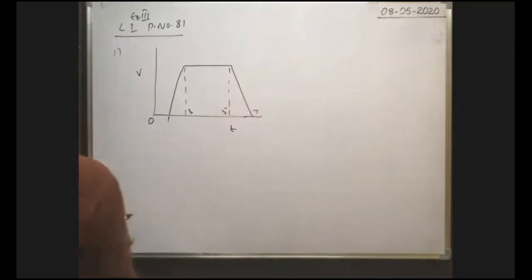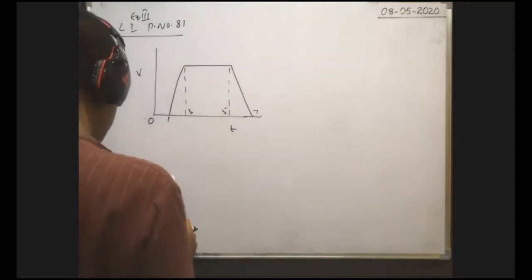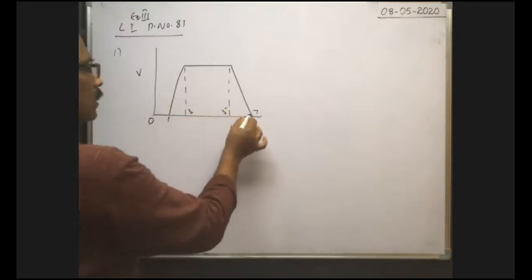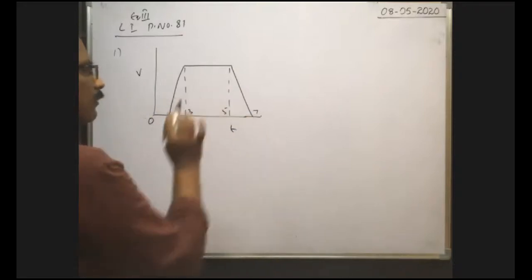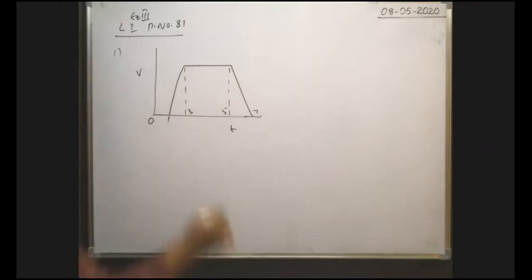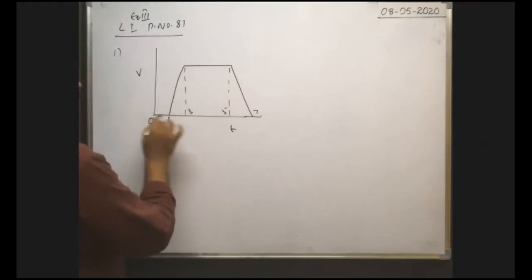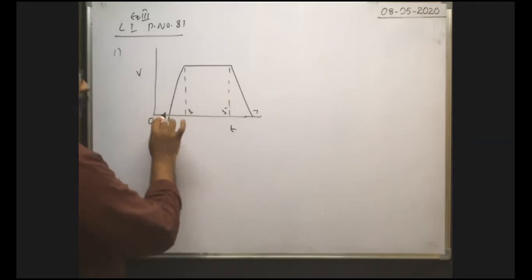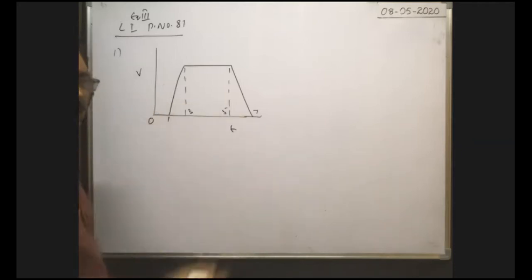It is given like this. Okay, what is the total distance travelled here? From 0 to 1 seconds, velocity is 0. That's why distance is also 0. No distance, no displacement is there. From 1 to 7 seconds only, distance travelled is there.